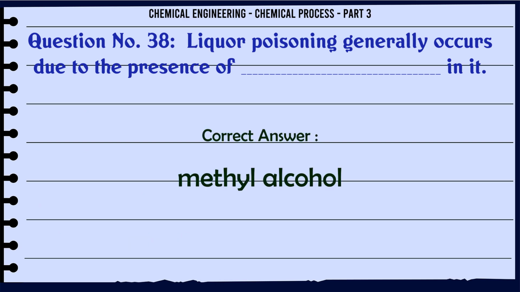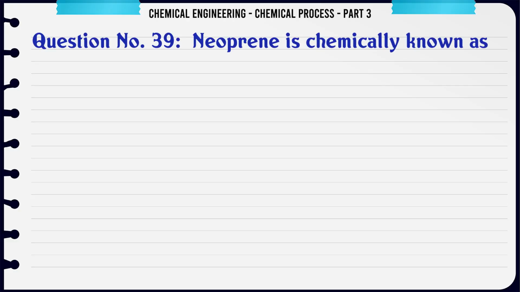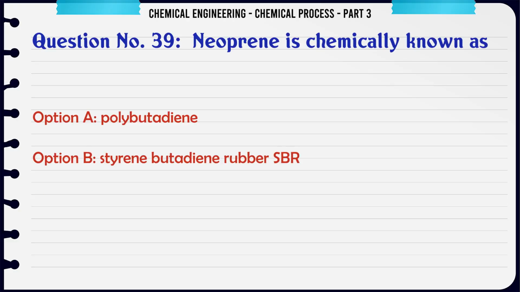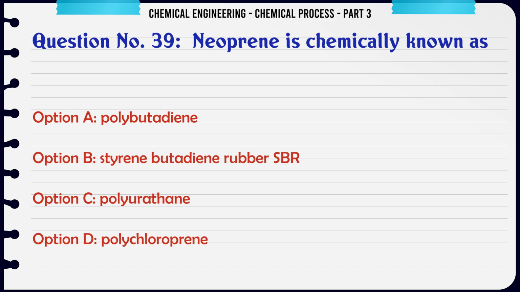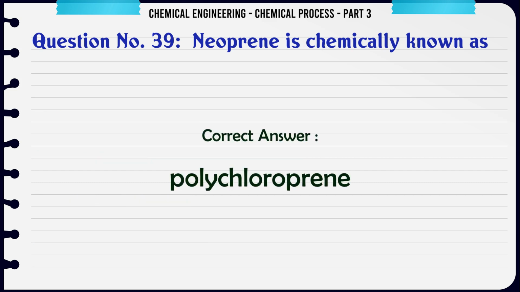The correct answer is methyl alcohol. Neoprene is chemically known as A. Polybutadiene, B. Styrene butadiene rubber SBR, C. Polyurethane, D. Polychloroprene. The correct answer is polychloroprene.